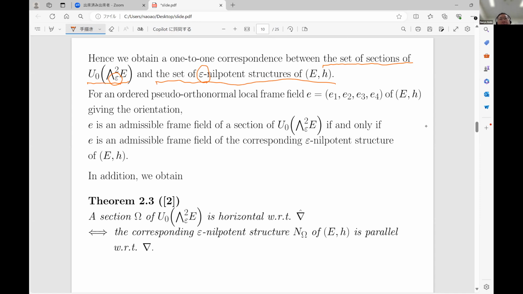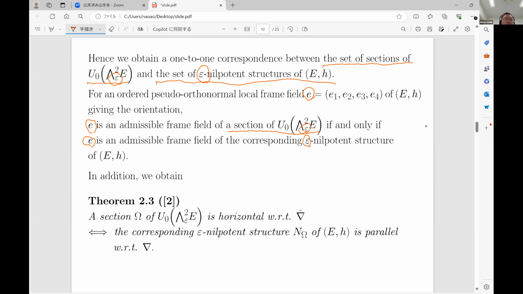For an ordered pseudo-orthonormal local frame field small e, giving the orientation, small e is an admissible frame field of a section of the right-like twistor space with epsilon if and only if small e is an admissible frame field of the corresponding epsilon nilpotent structure of EH.